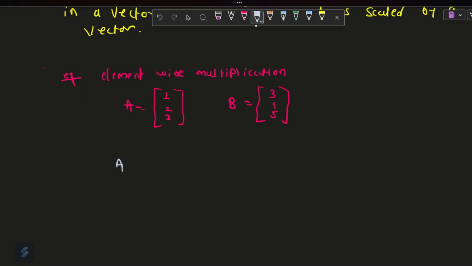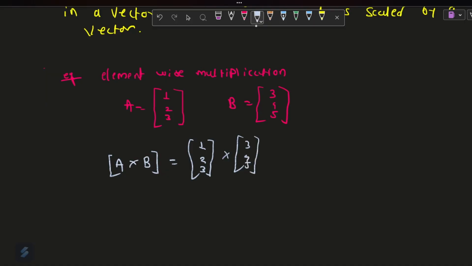So how are things happening? We use a cross for vector multiplication. So in that case, 1, 2, 3 cross 3, 4, 5.